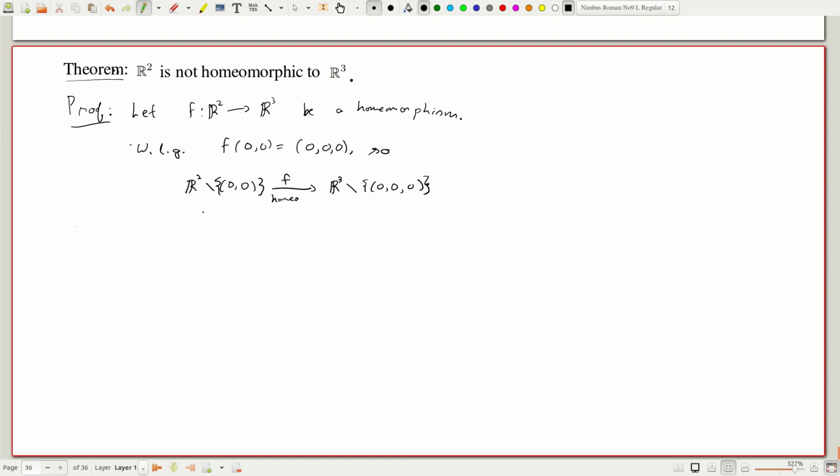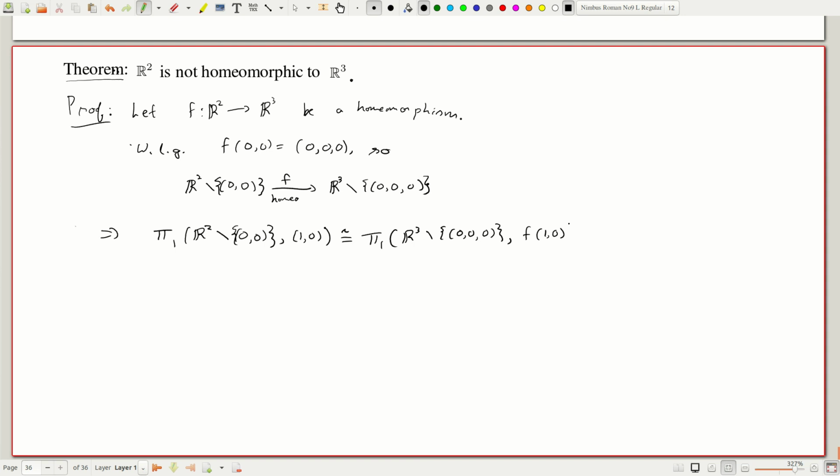So this implies, let's take any base point, this implies that pi 1 of R2 minus the origin, and let's take the point (1, 0), is isomorphic to pi 1 of R3 minus the origin, with respect to the base point f of (1, 0).